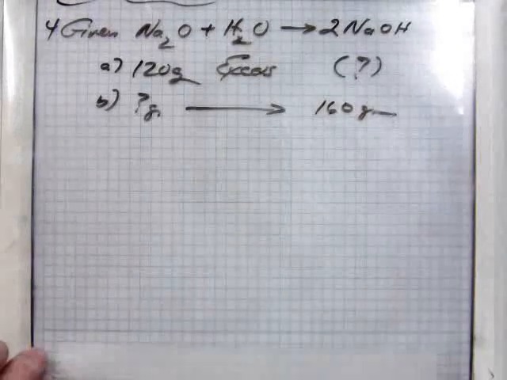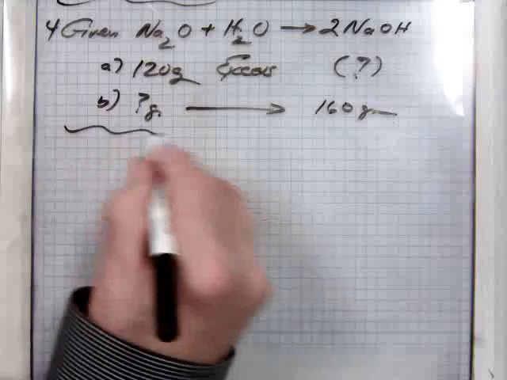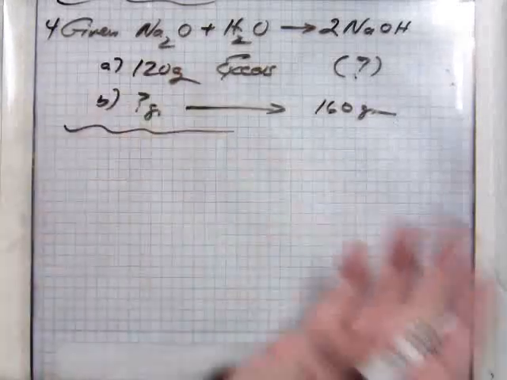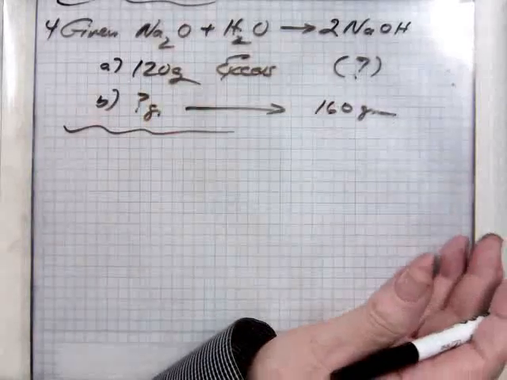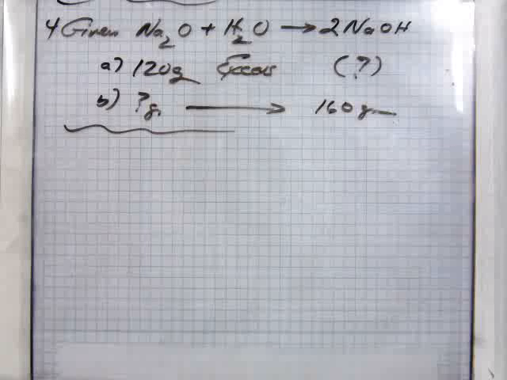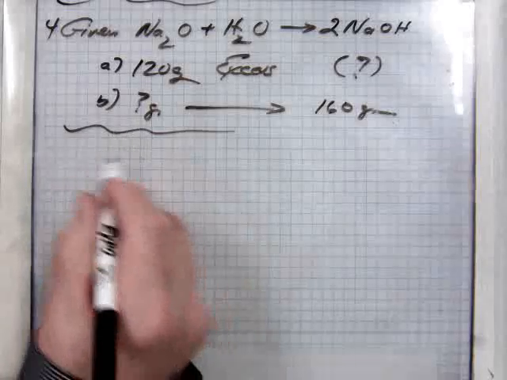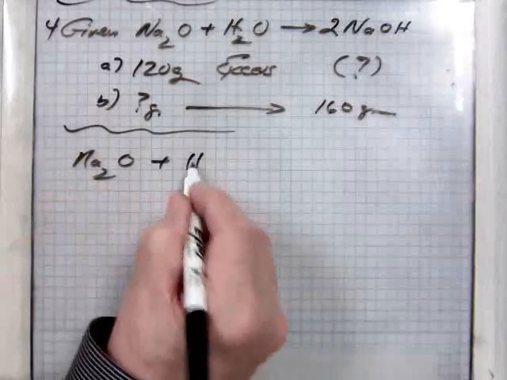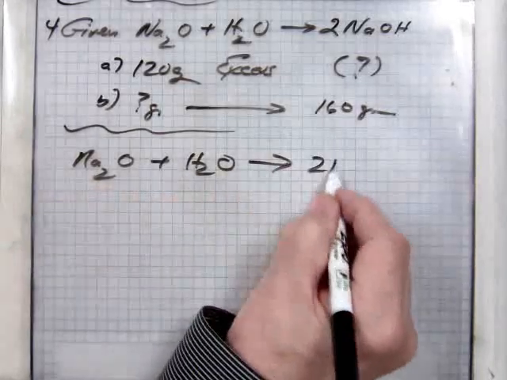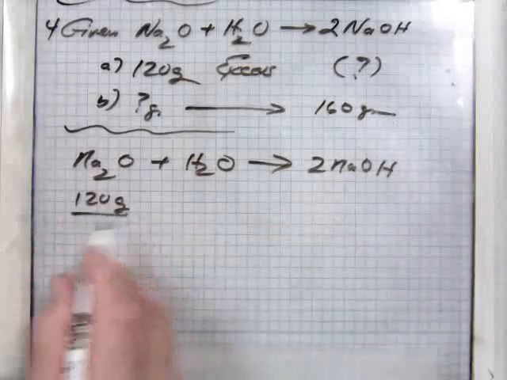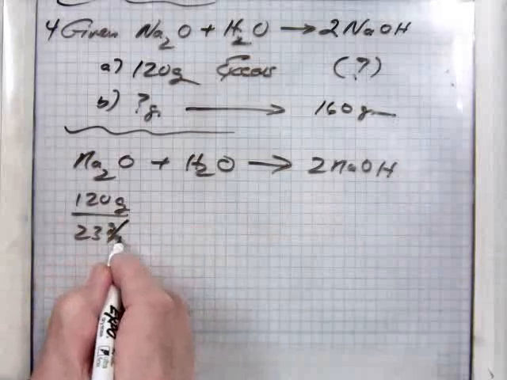Okay, what is the rule? Convert to moles. How do you convert to moles? Divide by formula weight. So we're working with sodium oxide, and you go to your periodic chart and you say, well, that's 23. And so let me rewrite the equation for effect anyway. And so we got 120 grams. So I'm going to divide by 23 grams per mole. Why?